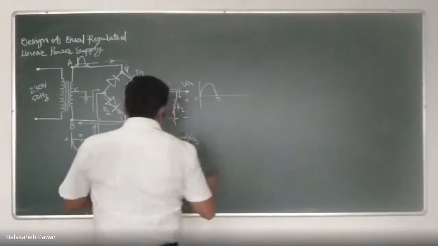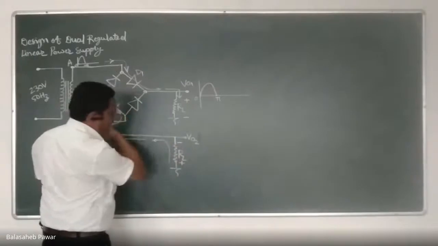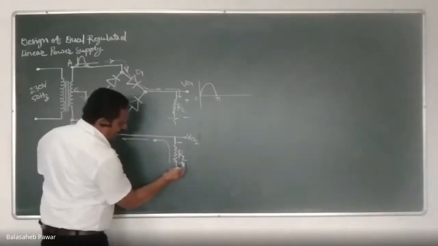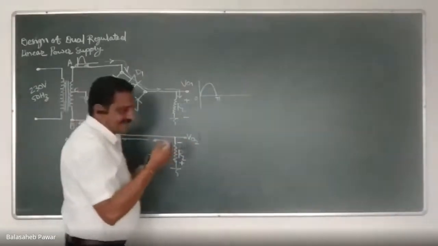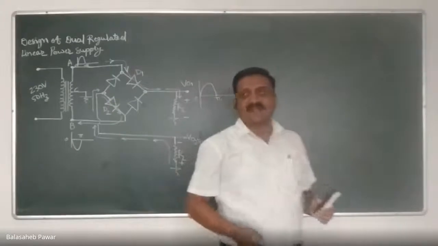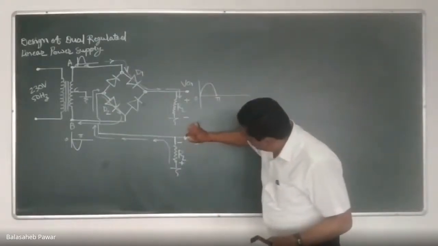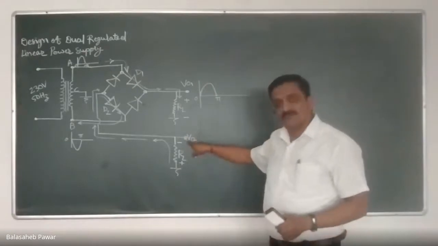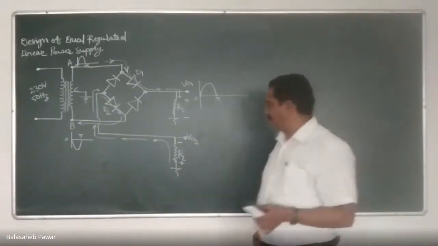So see, whatever drop occurs across this RL because of this lower half secondary will have the polarity positive at the ground, and this VO2 is at negative potential. Again, take the second channel of our CRO and connect its red wire at VO2 with respect to ground. At ground, there will be the black wire.